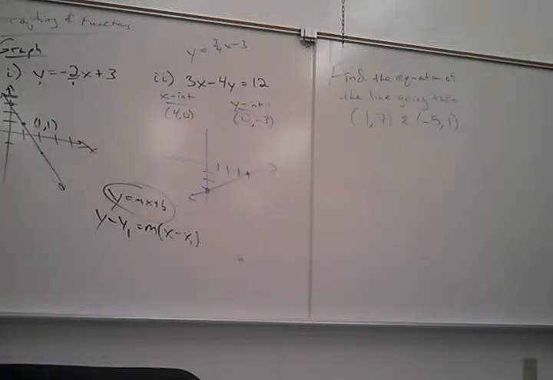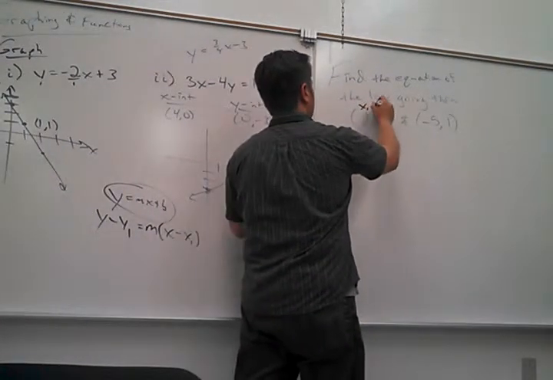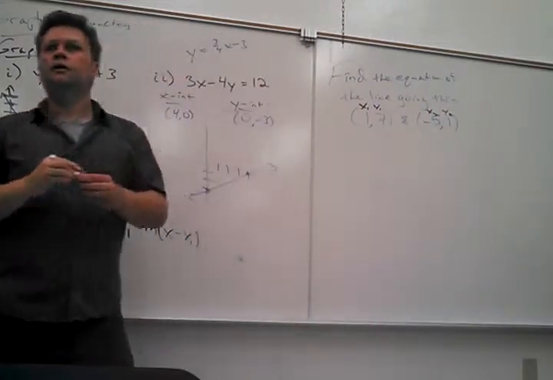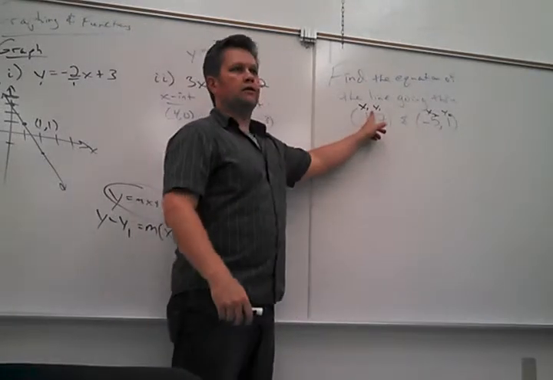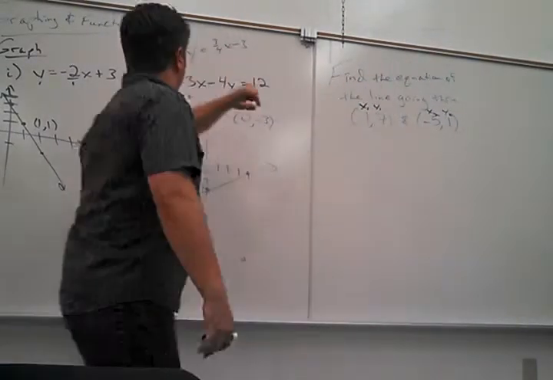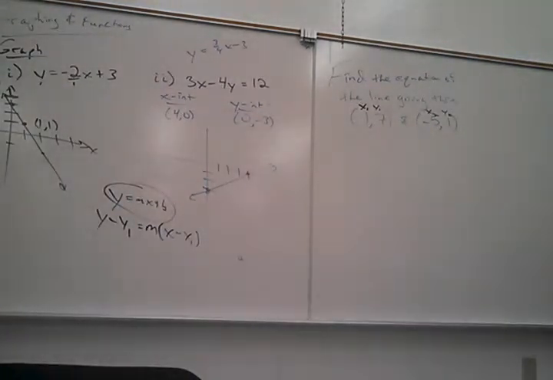Does it matter if you put like x1, y1 on the y? You could, to keep yourself straight. There's nothing wrong with labeling this x1, y1, x2, y2. There's not a thing wrong with that. And there's not a thing wrong if you call this x2, y2 and that one x1, y1. Because think about it. If these both switch, they both become the opposite sign, and then those cancel back down to what it would have been anyway.